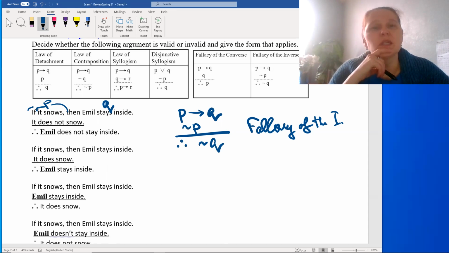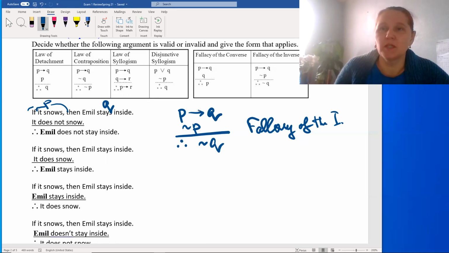So in this table, it does not tell whether it is valid or invalid, but you can remember that it is invalid.